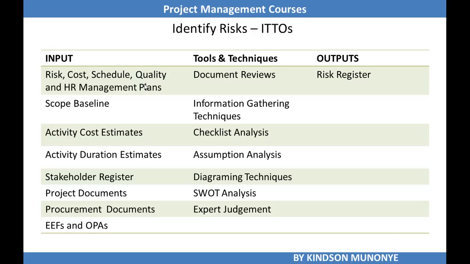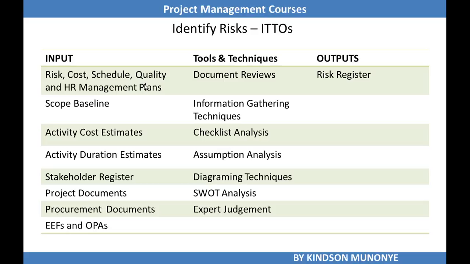We have the stakeholder register, an output of identify stakeholders, the process just before this one. Then we have the project documents, procurement documents, enterprise environmental factors, and organizational process assets.